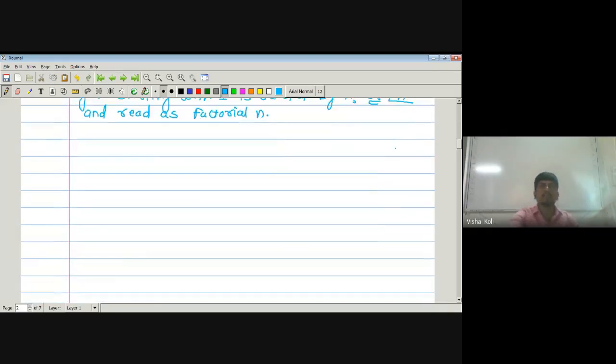For example, if we have to find n factorial, then n factorial is nothing but the product of n consecutive positive integers starting with 1. So n factorial is nothing but 1 into 2 into 3 into up to so on, n minus 2 into n minus 1 into n.